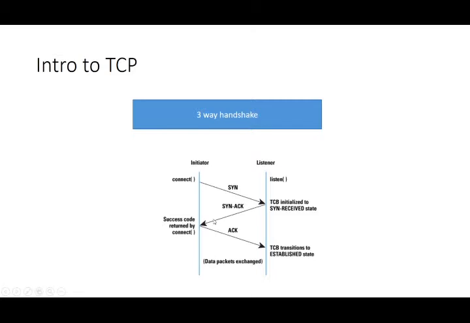Now in this case, under normal circumstances, a final ACK would be sent back from the sender toward the receiver and we would have an established connection.